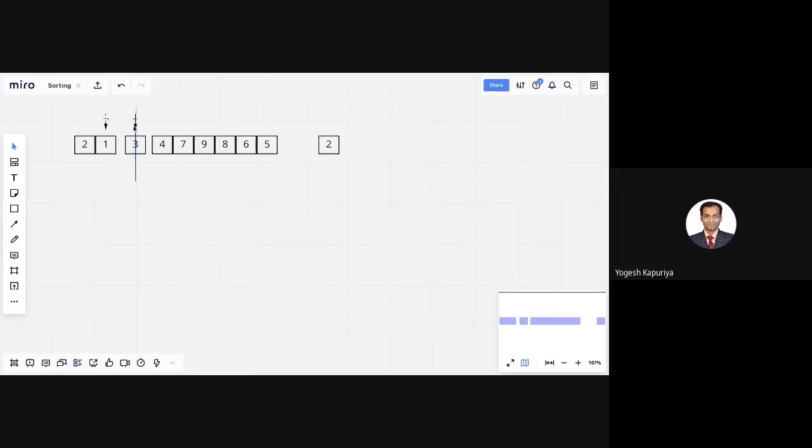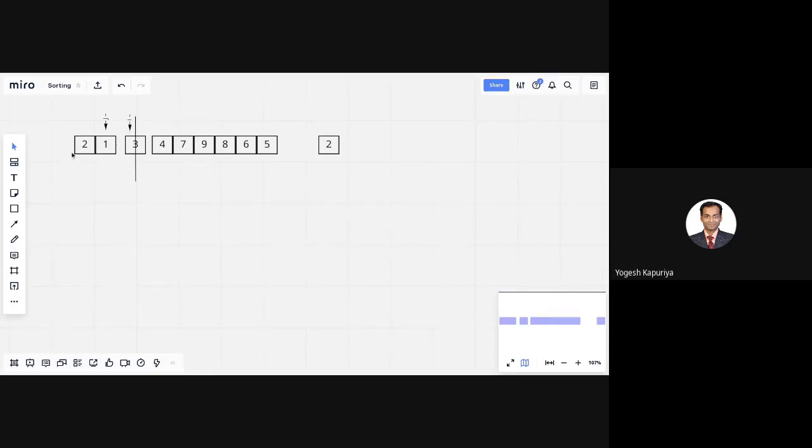Now, this is another condition actually. It goes out basically, so this should not be the case. That means whenever you are moving this I, you will not just check for one condition, A of I is less than pivot.